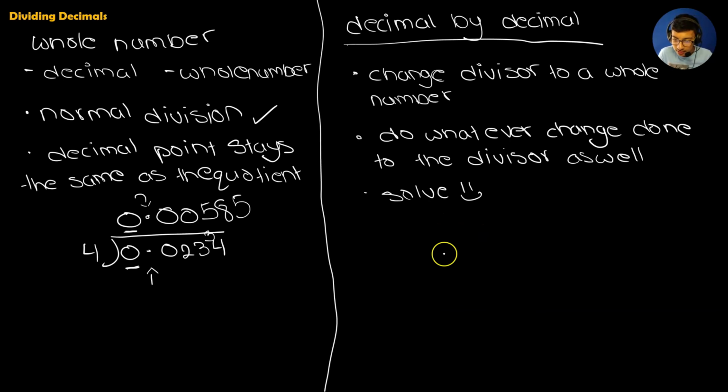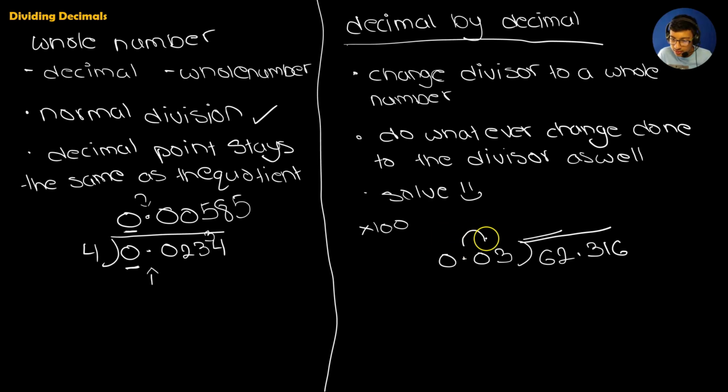If we have 62.316 divided by 0.03, what we need to do here, let's look at our note, is change the divisor to a whole number. 0.03 is our divisor, and we need to multiply it by 100 to make it a whole number.